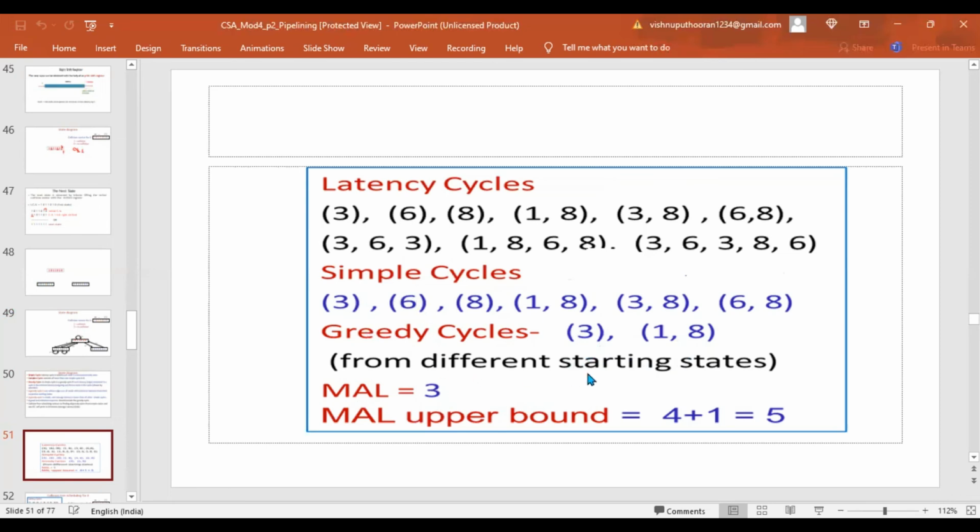Here the minimum average latency is 3. And in order to find the average latency of this particular greedy cycle 1, 8, we need to add 1 plus 8 divided by 2. We take the average of this particular cycle.